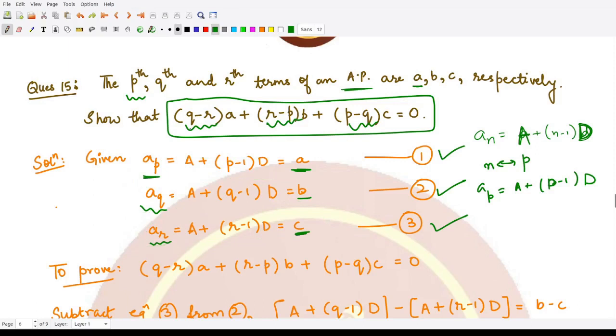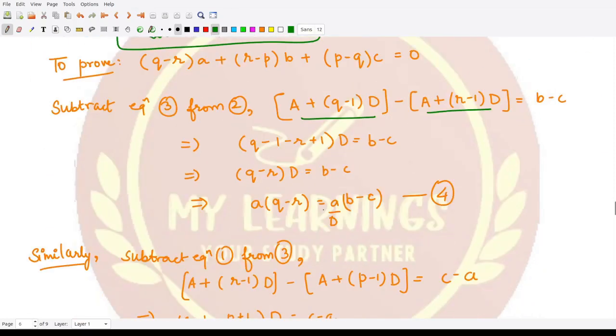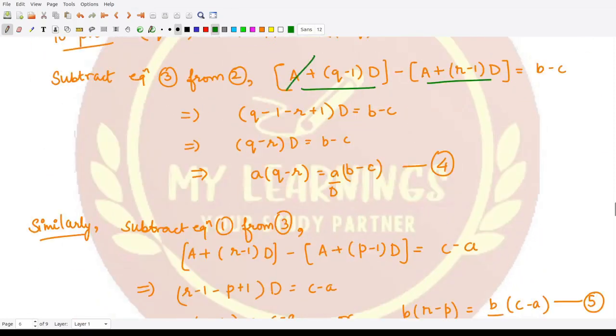We first wanted the term q minus r, so we are subtracting equation 3 from 2. Let's write the left hand side of both with the negative sign in between, and then we have b minus c. Now you can simplify the terms. This is plus A, this is minus A, they get cancelled. You have D common, so you have q minus 1, and because you have one minus sign outside, it is minus r and plus 1.